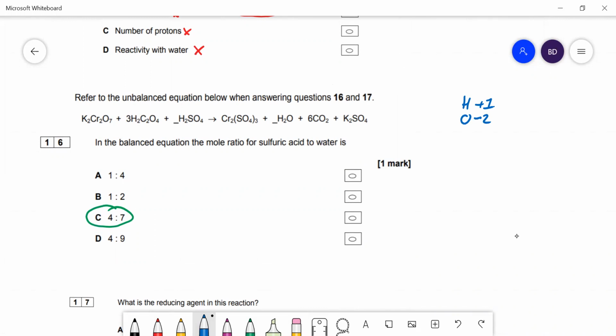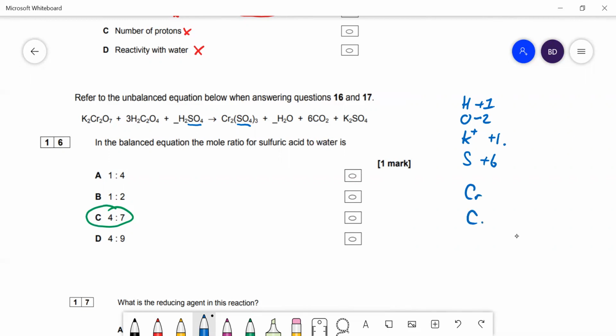We can forget about the potassium because that's always a K+ ion, that's always +1. The sulfurs as well, we can forget about them because they stay in the sulfate ion all the time. They're always +6 actually. So the 2 atoms we need to worry about are the chromium and the carbon.